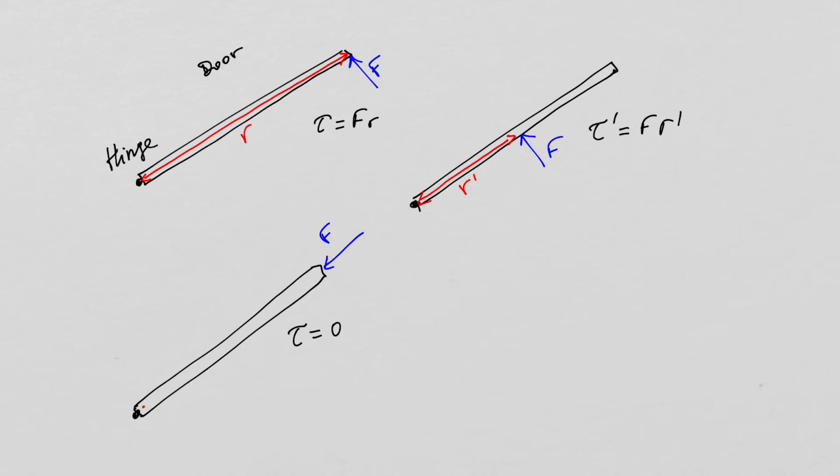And hopefully from personal experience, if you push against the door in that direction towards the hinges, this door is not going to rotate. That is because this force acts along the line that starts from the axis of rotation and ends at the point where the force was applied. So in this particular configuration, there will be no rotation, no torque.